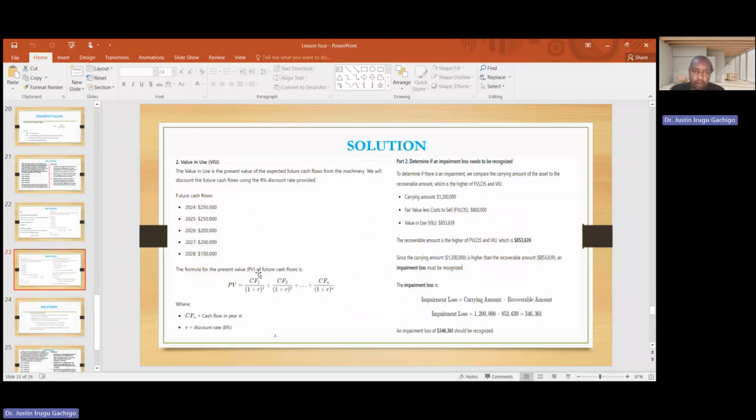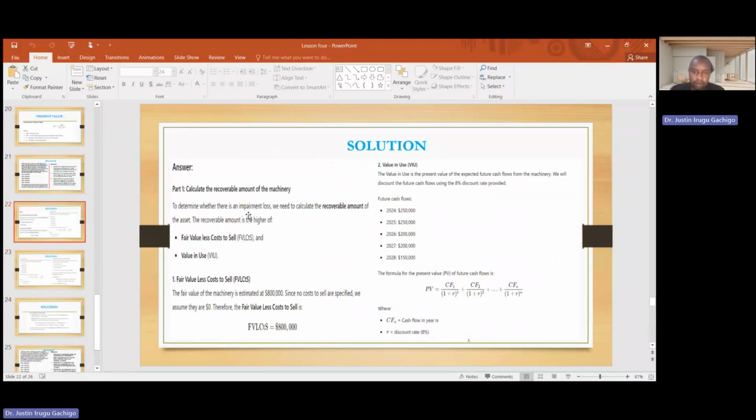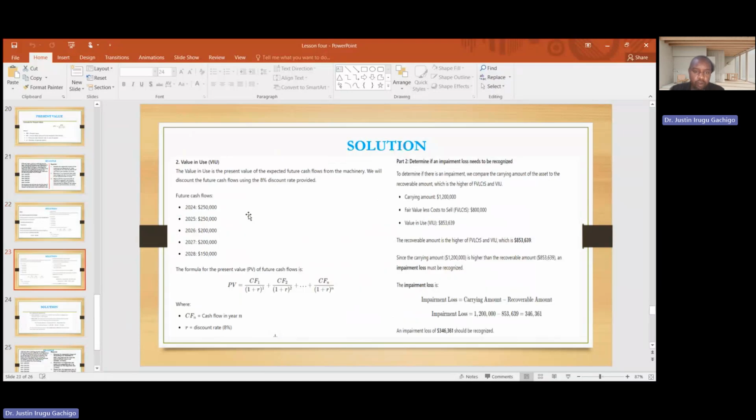So doing this practically, you are going to get all these cash flows. The moment you do this, you are going to get the carrying amount, we have this one, and the fair value, we have this one. So you're going to get the value in use of 853,639.